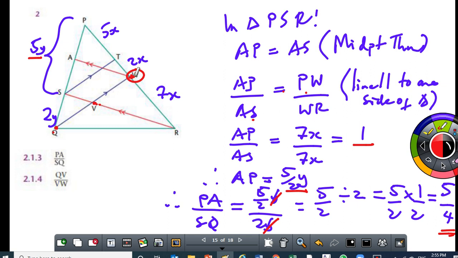So if I want to find the length of QV, already, what do I know? I know the length of PA. So we had a problem, the vending machine.